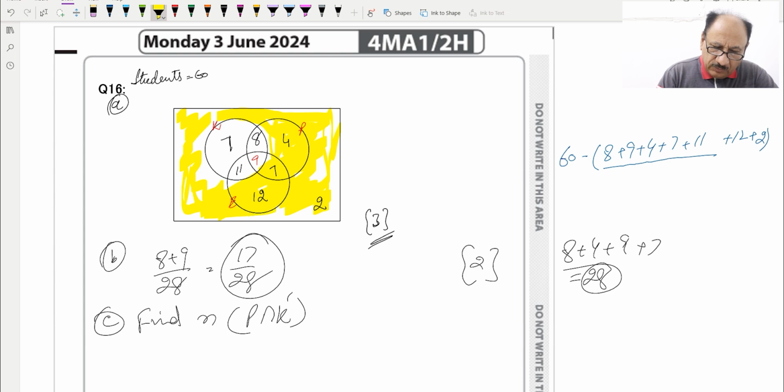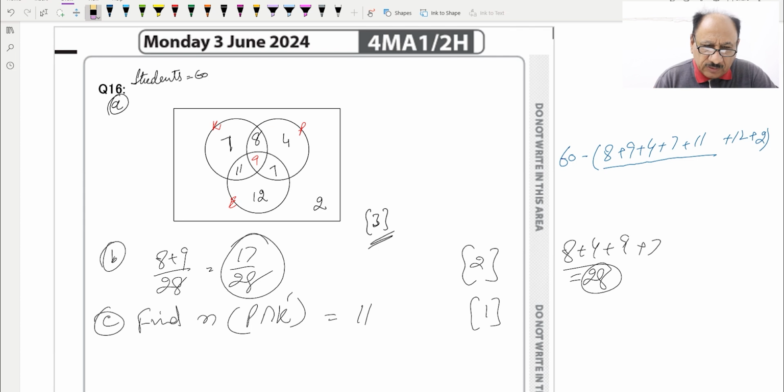So from this complement area, we have to take intersection with P. So included in P are 4 and 7. So we can say this is equal to 4 plus 7 will be 11. So answer to this one is 11, and this is 1 mark question. No working is required for this.